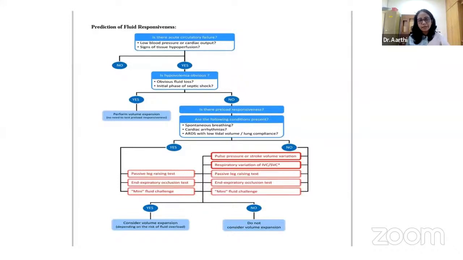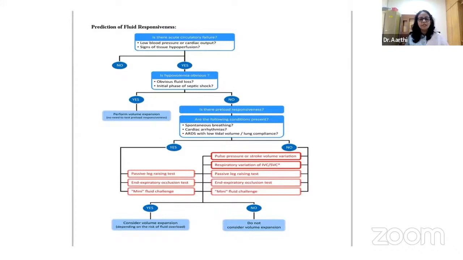When we are unable to judge whether there is volume loss or a shock state with systemic vasodilatation, we need to assess the clinical picture: whether the patient is spontaneously breathing, has any cardiac arrhythmias, or is on low tidal volume ventilation.